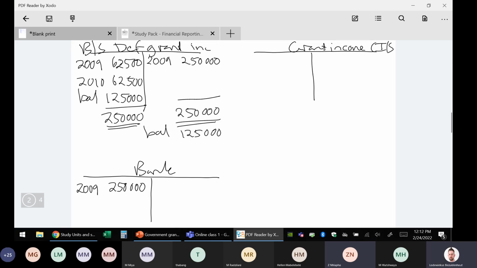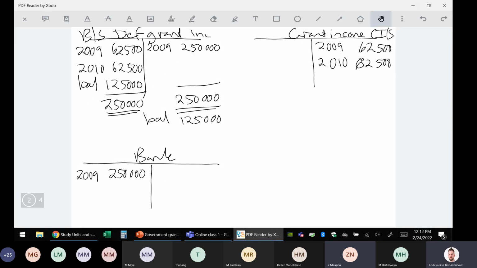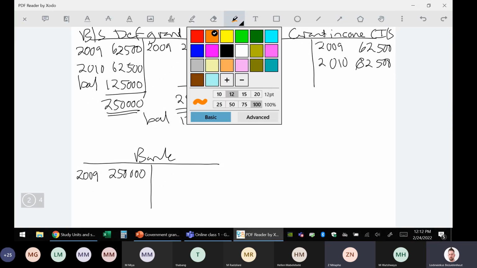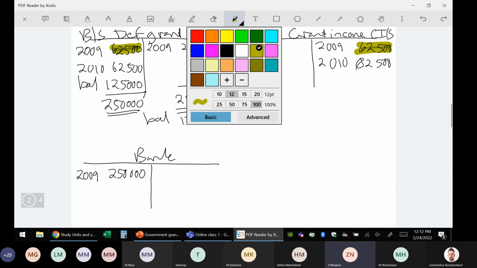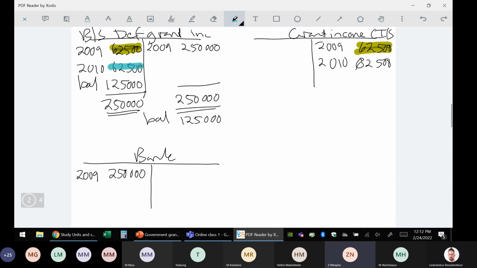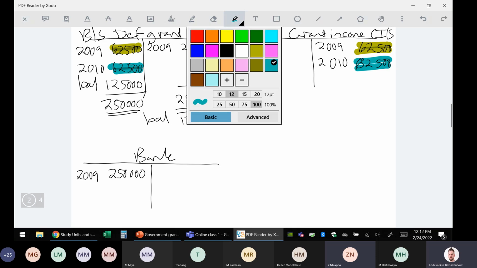Grant income, 2009 was 62,500. 2010 was 62,500. And remember, income statement just goes to your statement of changes in equity. So it is just gone. All right, now we have to repay the grant.